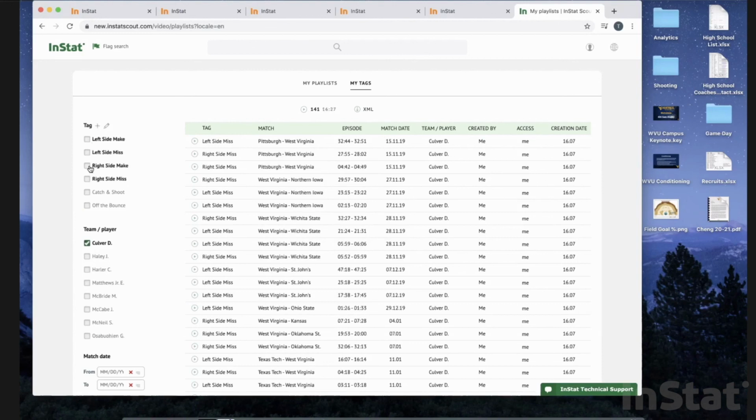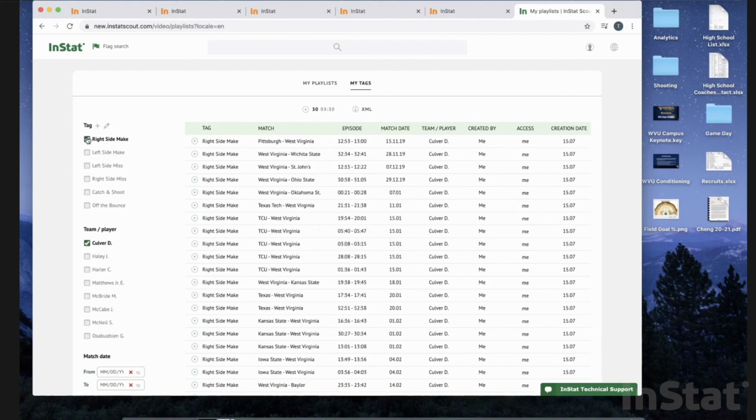And then on his right side, he's at 30 makes, 38 misses. So I know he's worse on the right side than on the left. Maybe this offseason we spend more time working with his right hand as opposed to his left hand, so that teams don't only overplay his left hand.